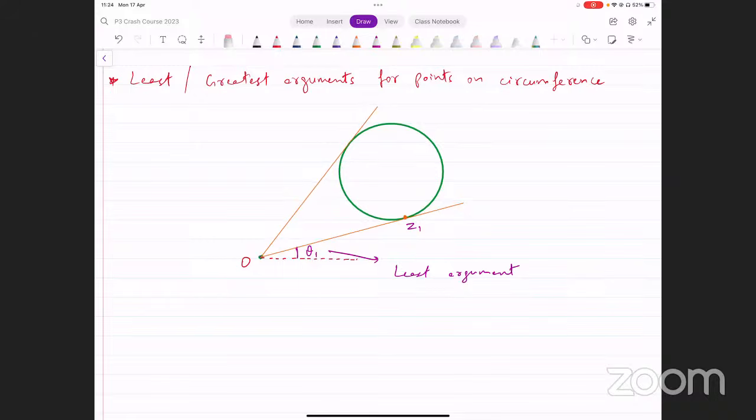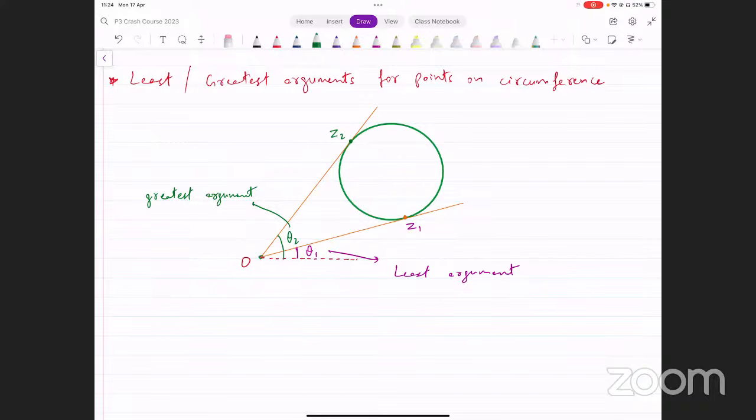So if the point Z was somewhere here, this would give you the greatest possible argument for points on the circumference of the circle. Let's call this θ2. This would be the greatest possible value for the argument of the point on the circumference.